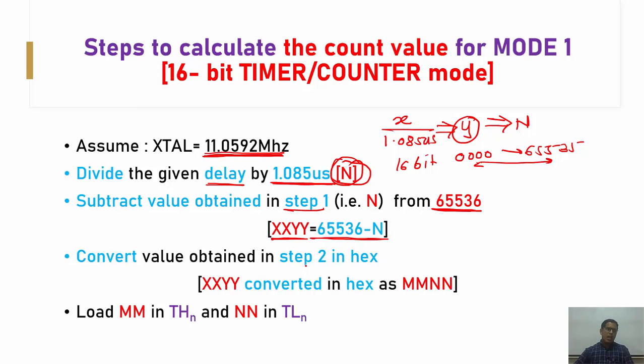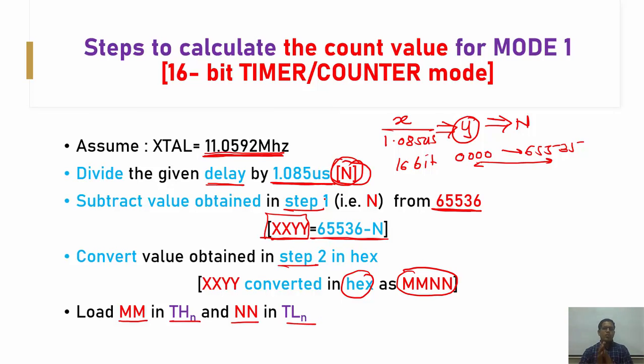This is my step number 2. In step 3, whatever result we obtained in step 2, that is the value xxyy, simply convert that into hex, and I am going to term this as mmnn. And as the last step, just copy the higher byte into TH and the lower byte into TL, depending upon which timer you are using.